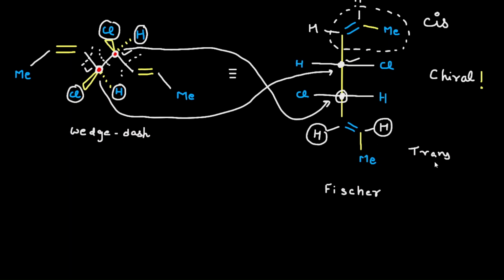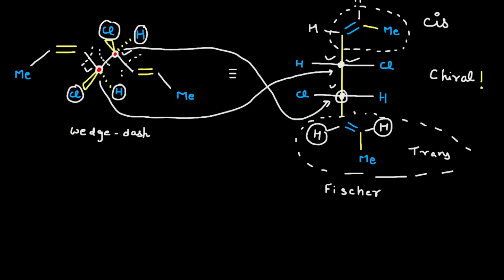So altogether, this compound has got geometrical isomerism also. There is a possibility of geometrical arrangements as well as optical arrangements through the chiral carbons.